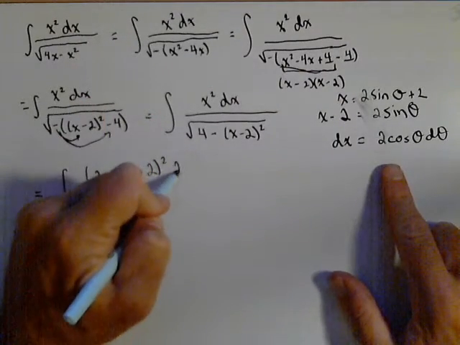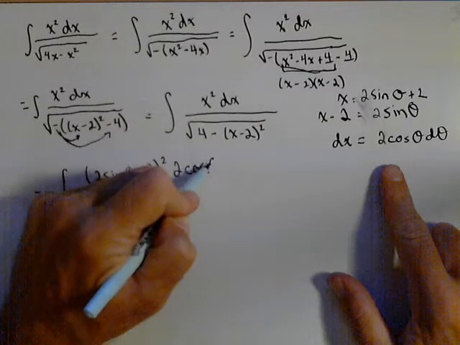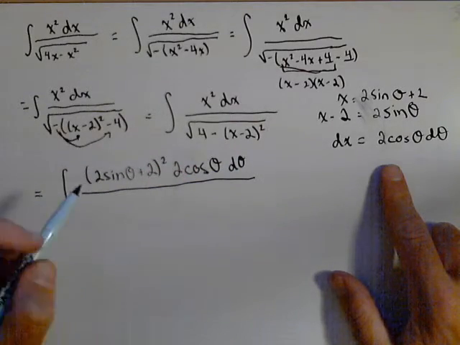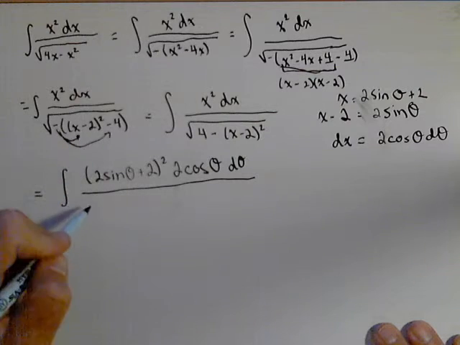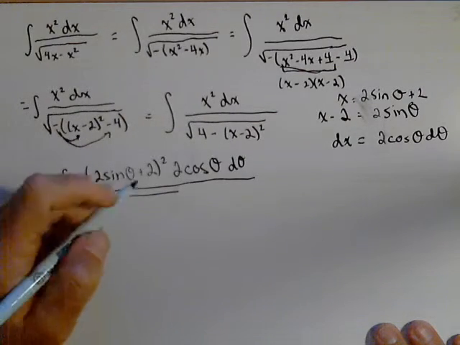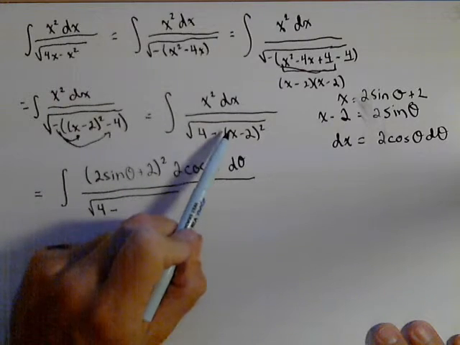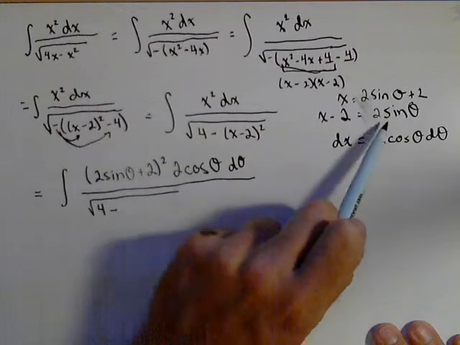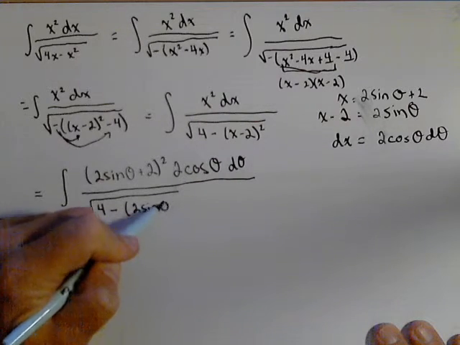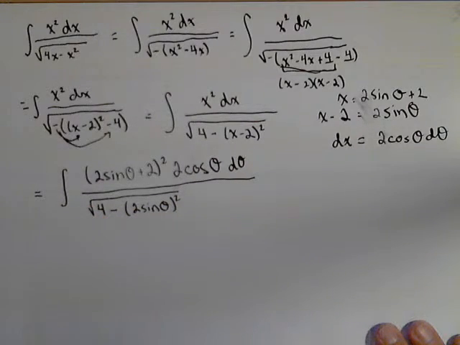Dx, which is 2 cosine theta d theta. All over. On bottom, we have the square root of 4 minus. Now remember, x minus 2 is being replaced by 2 sine theta. So 2 sine theta squared.